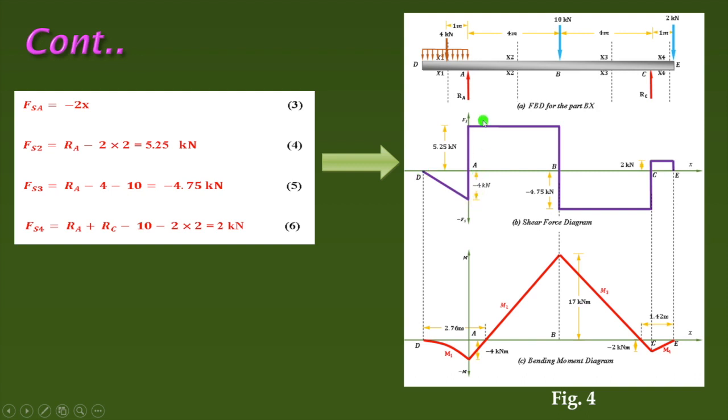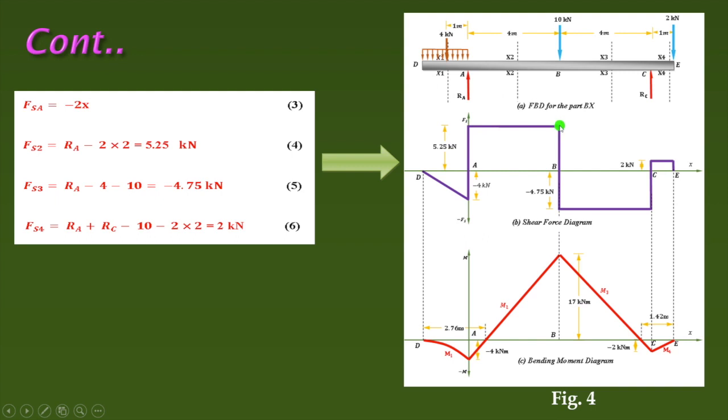And now at x equals 2, we have calculated one value as minus 4 kilonewton and another value as 5.25 kilonewton. Then again, this is a constant value. As per this equation, there is no x term, it is a constant value from here to here.